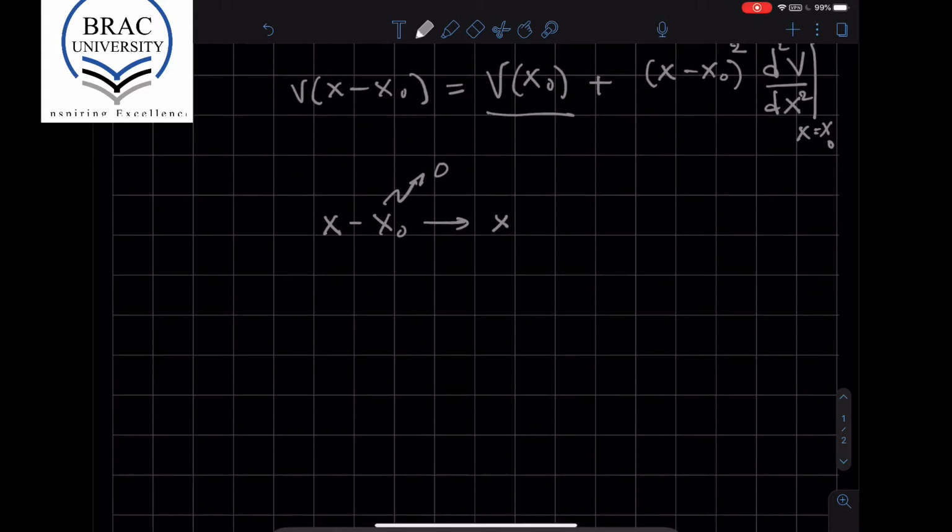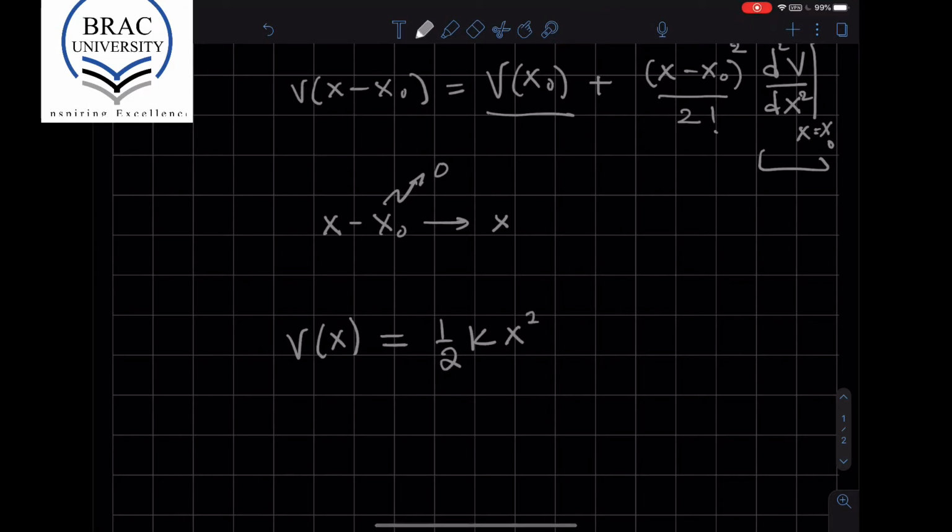Then your potential will look something like half k x squared, and then higher order terms, where this half k should have a 1 over factorial 2 here, and k is a positive constant.